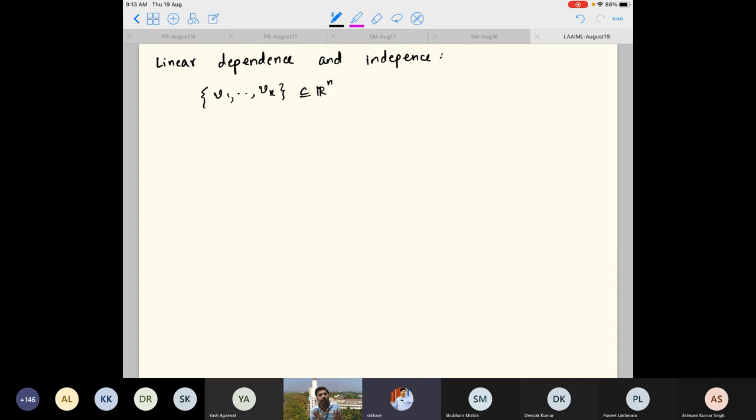That's the question really. So you take a linear combination alpha 1 v1 plus alpha 2 v2 plus ... alpha k vk equal to 0, and that is a linear dependence.